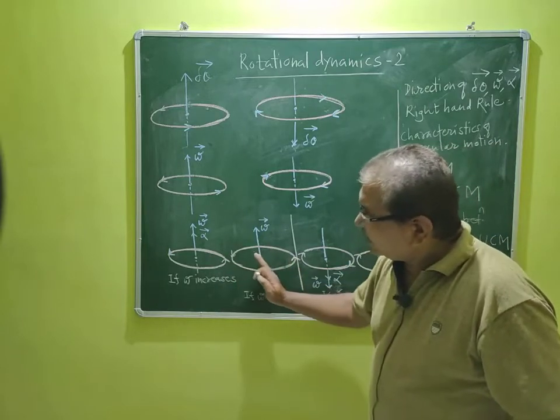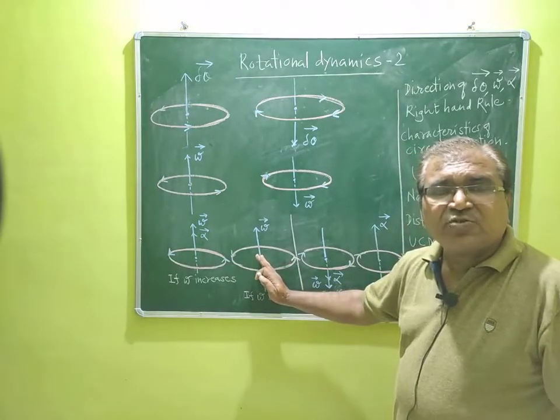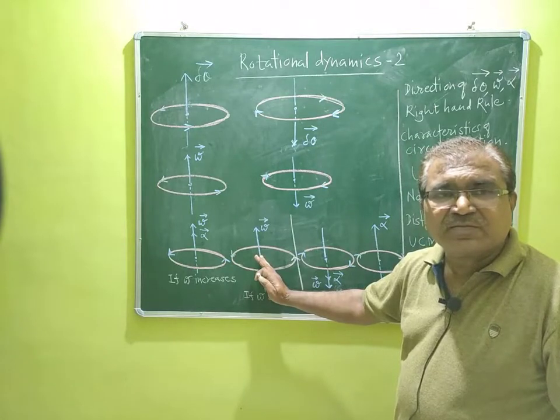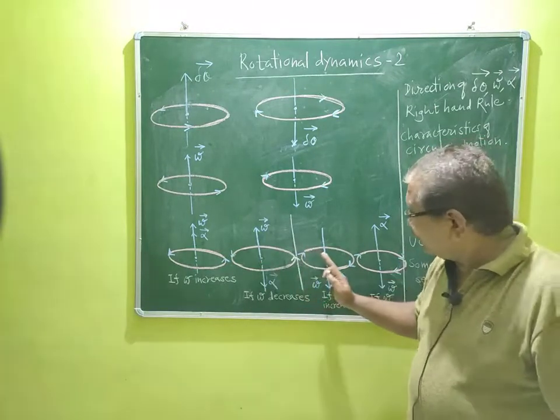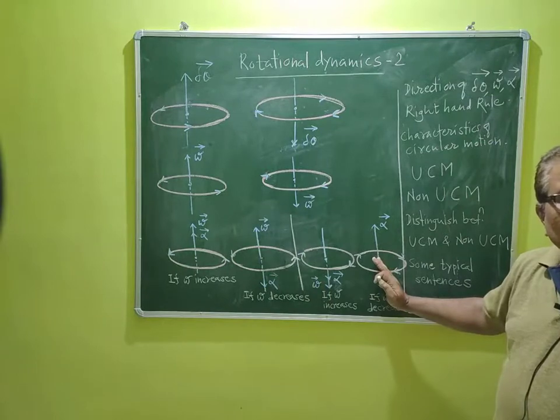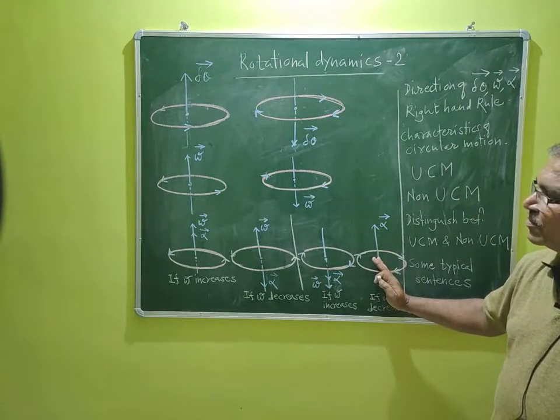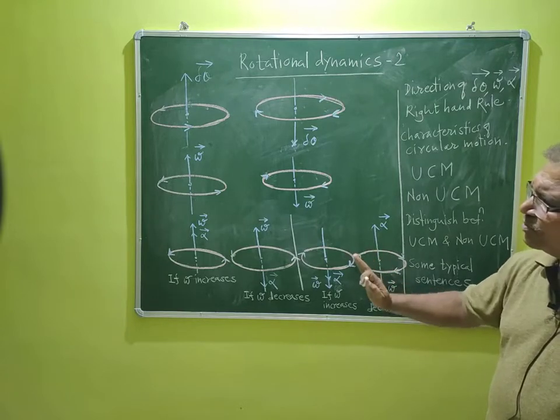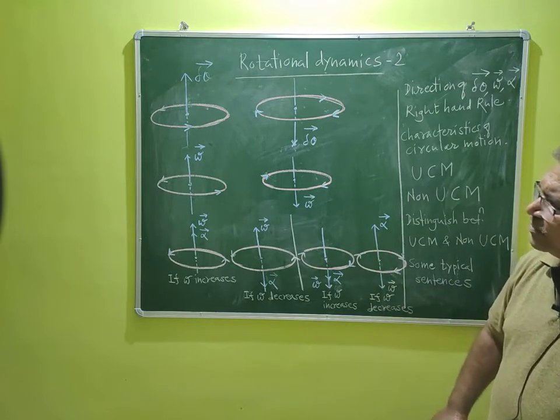What conclusion have we drawn here? In these two diagrams, the direction of the circular motion is anti-clockwise. In these two diagrams, the direction of the circular motion is clockwise. Then let us observe more seriously.